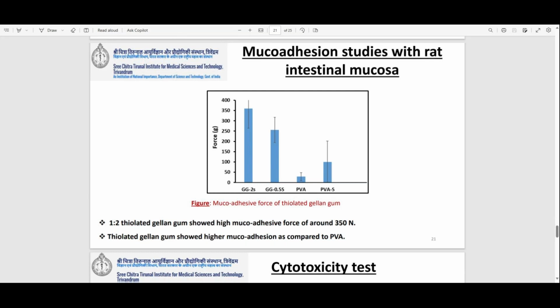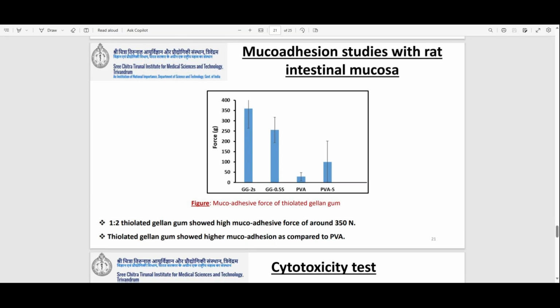So we have to see, after modifying our mucoadhesive polymers with different extents of dilation, and making it a film by cross-linking it with aluminum ammonium sulfate, how the mucoadhesive properties of that layer will be.